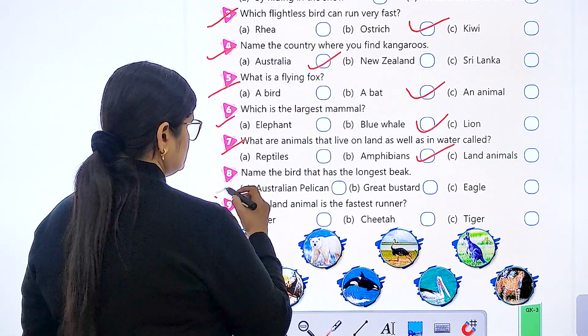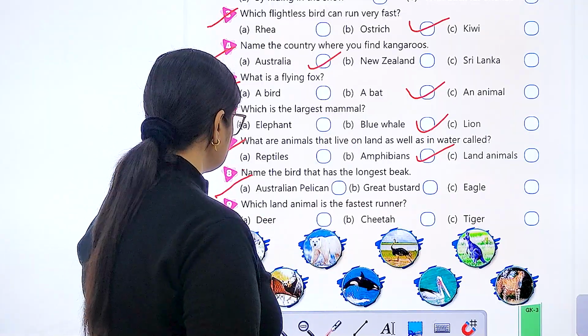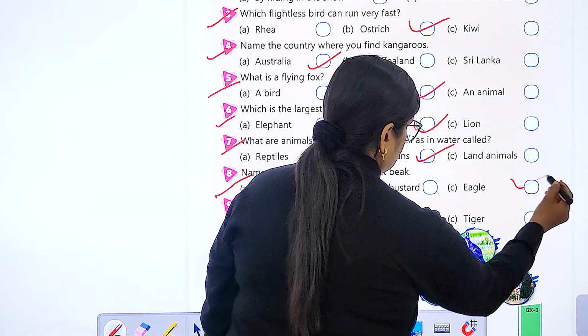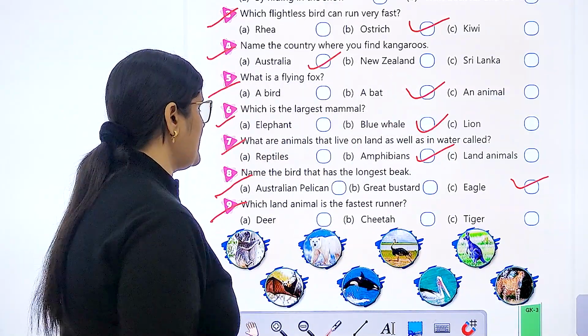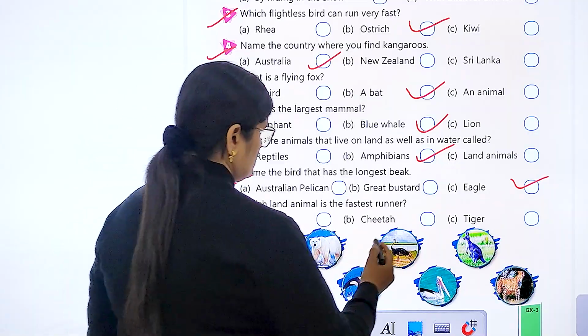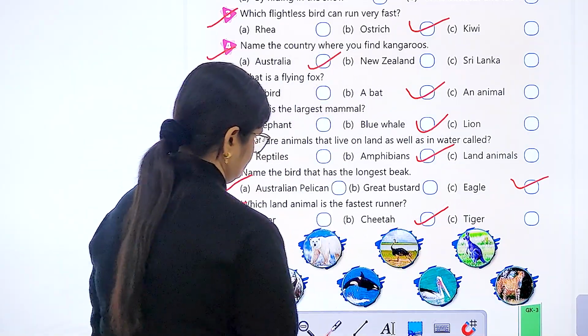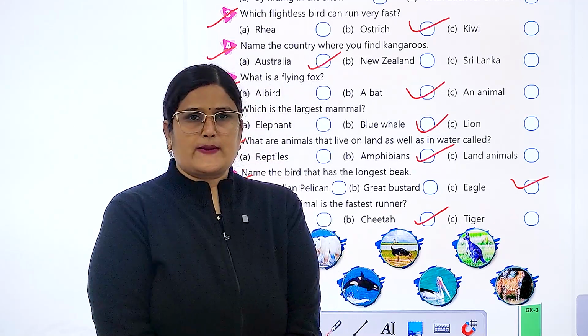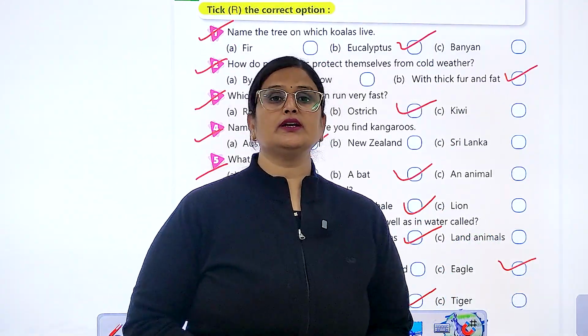Name the bird that has the longest beak. Eagle. Which land animal is the fastest runner? Cheetah. Okay, so dear students, this chapter is over.